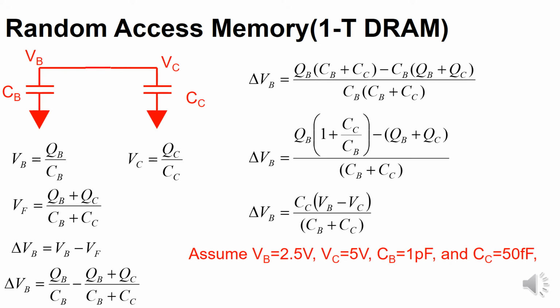Now let us assume VB is equal to 2.5 volt, VC is equal to 5 volt, CB is equal to 1 picofarad and CC is 50 femtofarad. If we want to calculate delta VB, it is equal to 119 millivolt, which is very less.